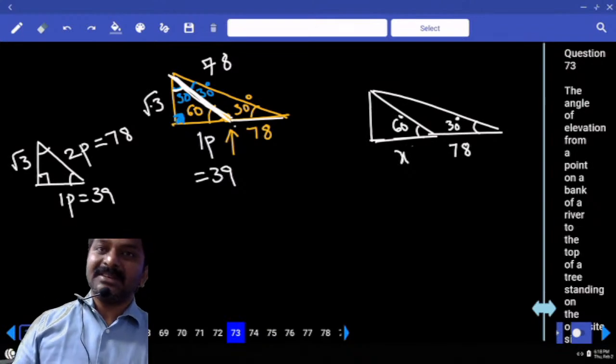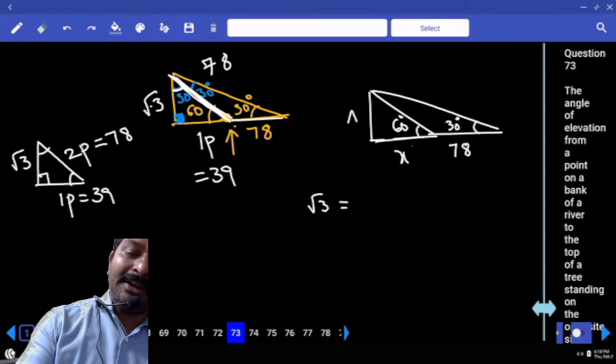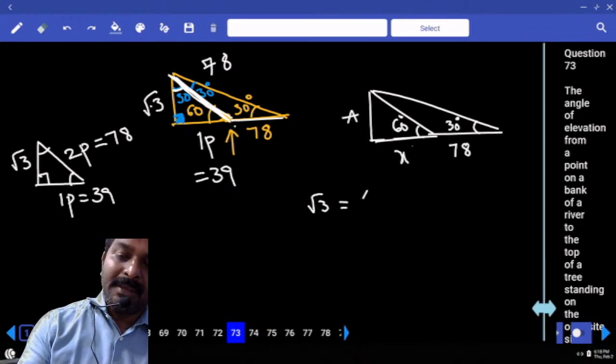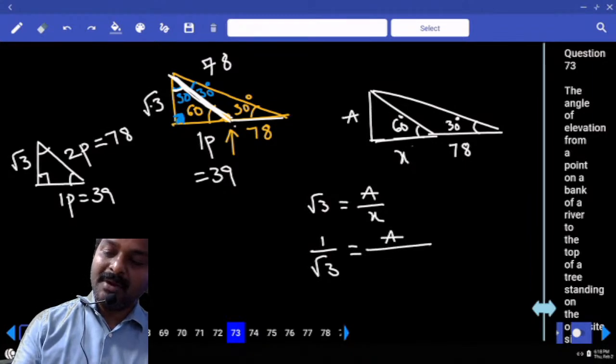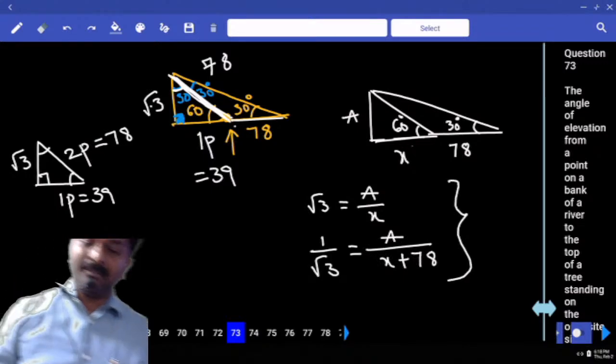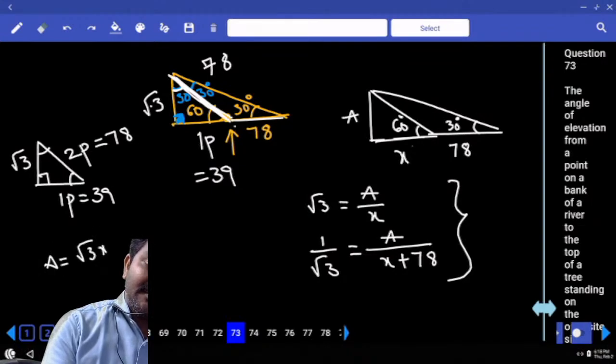First let us take tan 60. Tan 60 root 3, that is equal to, let it be a by x. Next tan 30, 1 by root 3, that is a by x plus 78. From both equations you can take a value. A is equal to root 3x.